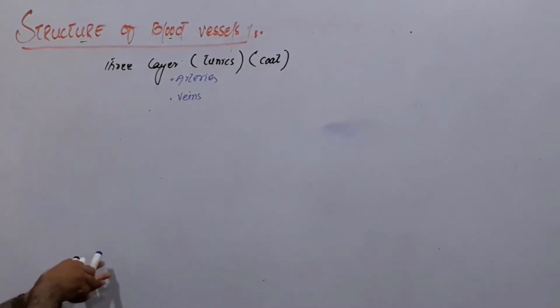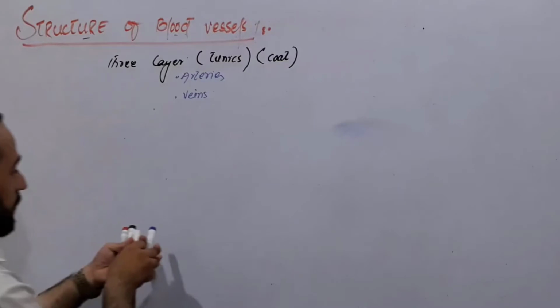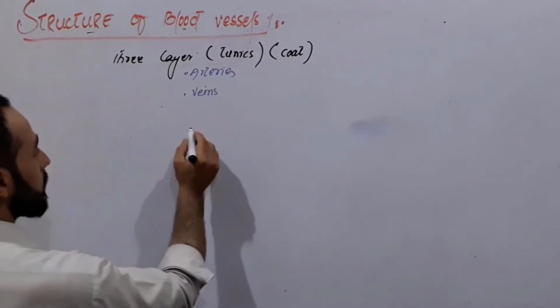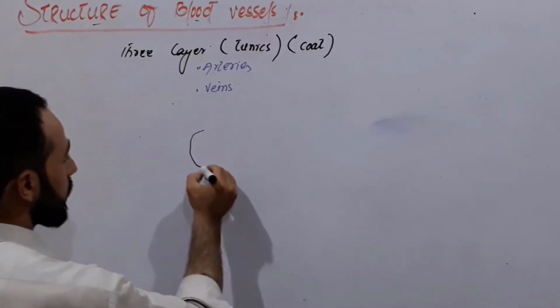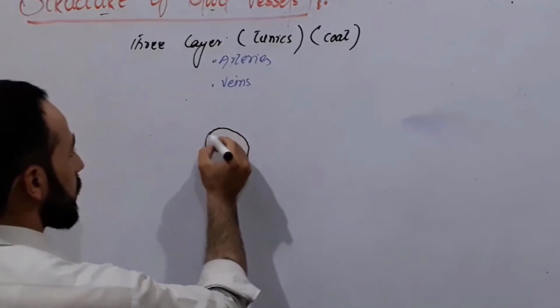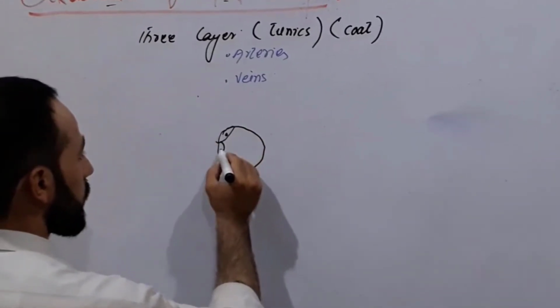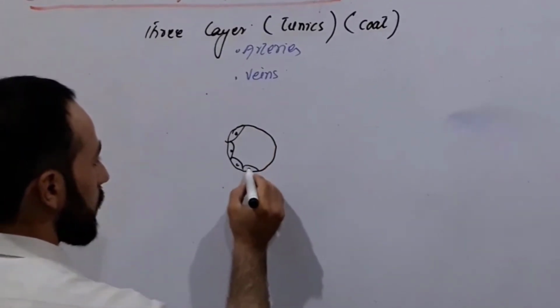Let me draw a very simple sketch here. There is an inner layer, and this inner layer is the endothelial layer.